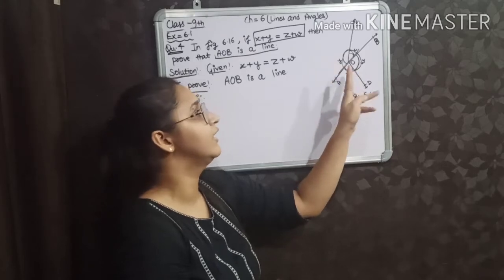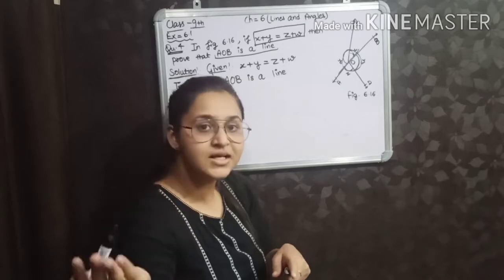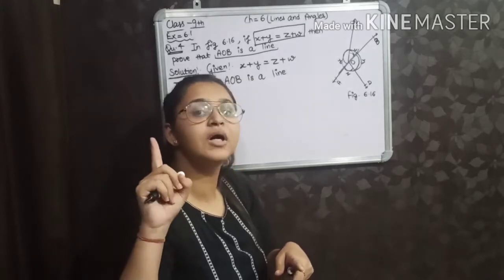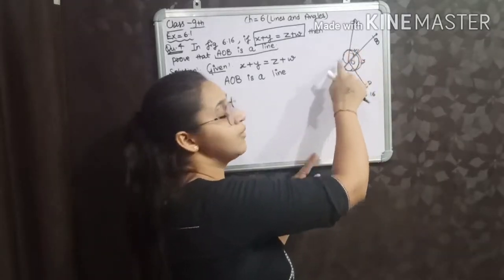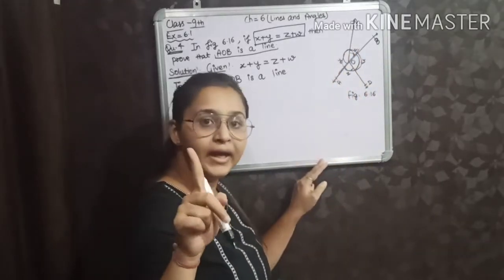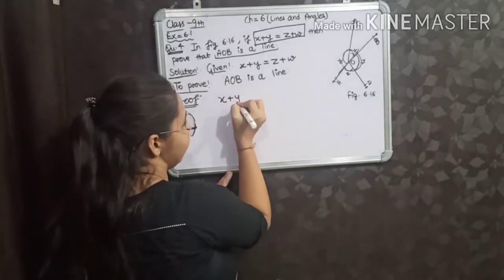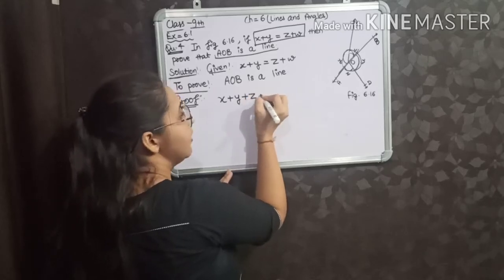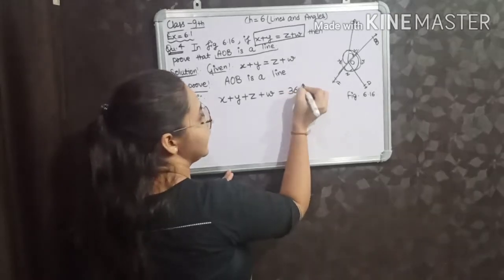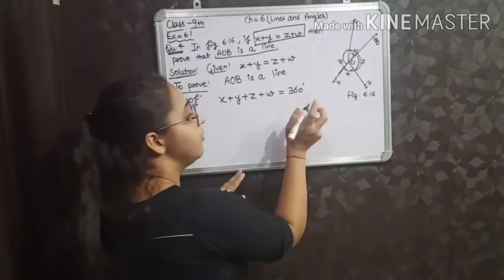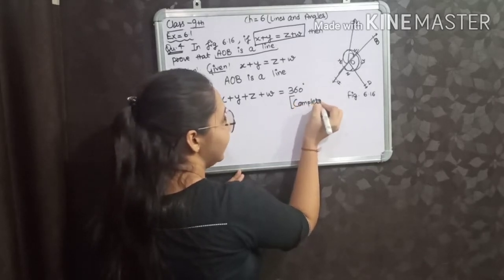And you know very well that the measure of a complete angle is 360 degrees. These four angles are making a complete angle. Therefore, we can write angle x plus angle y plus angle z plus angle w is equal to 360 degrees. And 360 degrees, why? Because in the reason we can write complete angle.